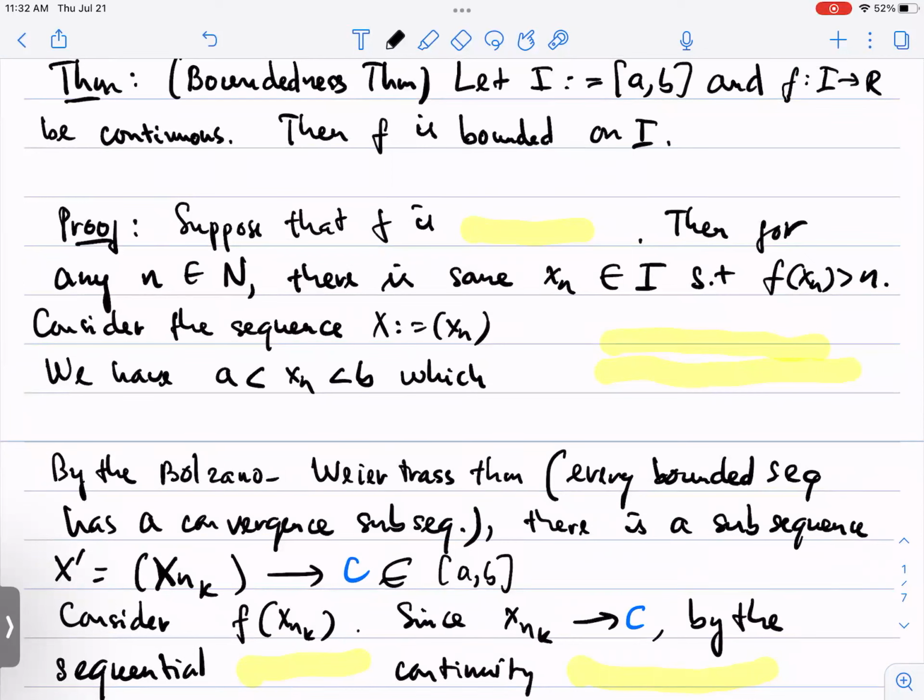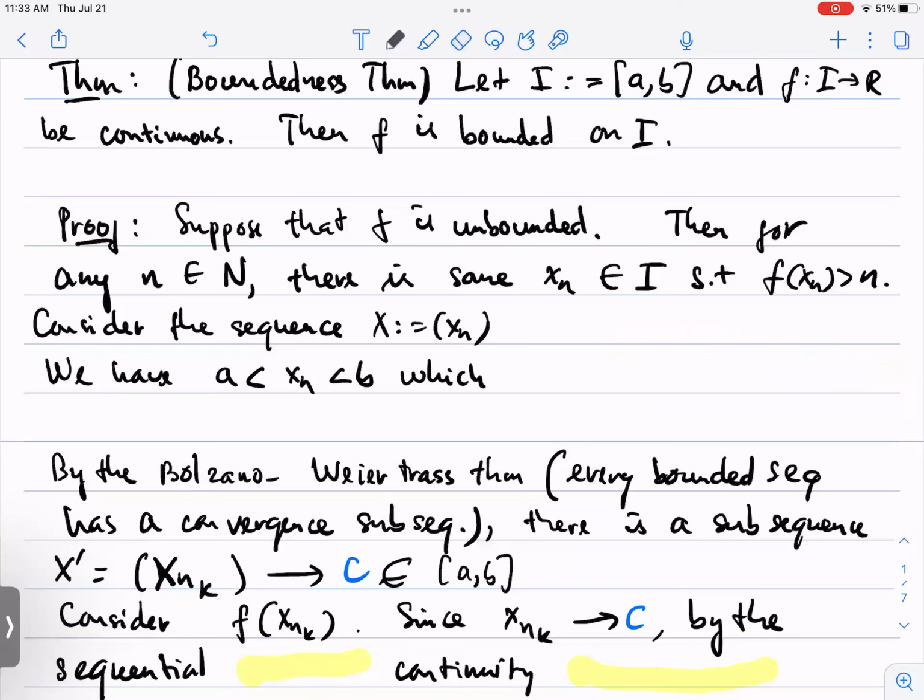Suppose that the function f is unbounded. Then for any natural number n, there is some xn in the interval I such that the absolute value of f of xn is greater than n. This is from the definition of unboundedness.